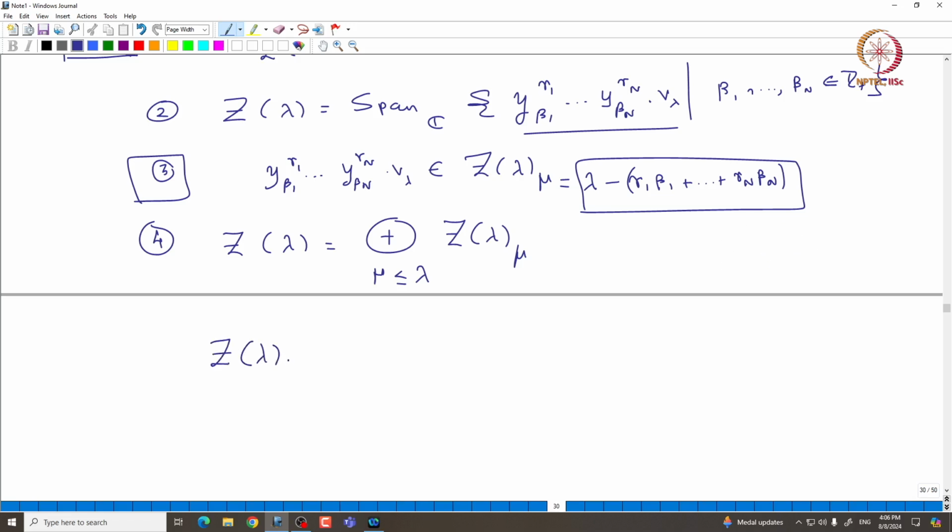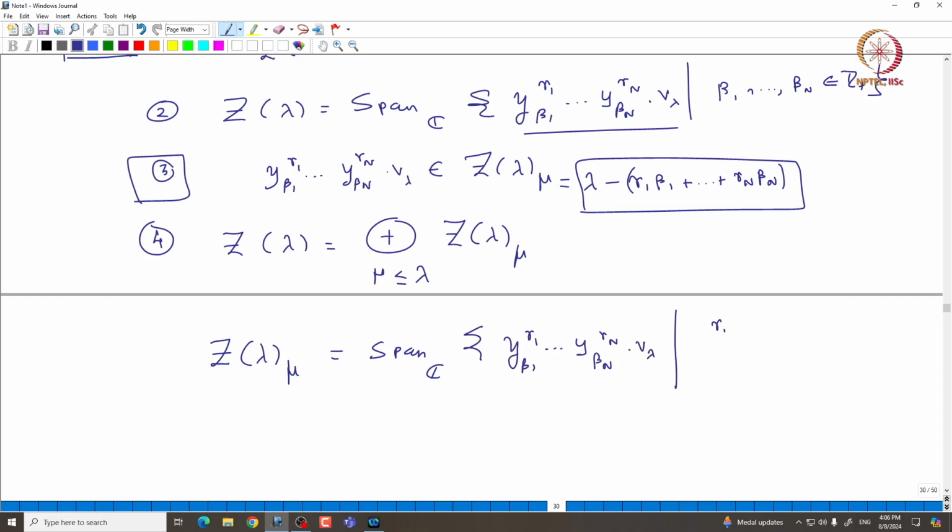Z(λ)_μ is going to be spanned over C by y_{β1}^{R1} etc. y_{βn}^{Rn} applied on v_λ.